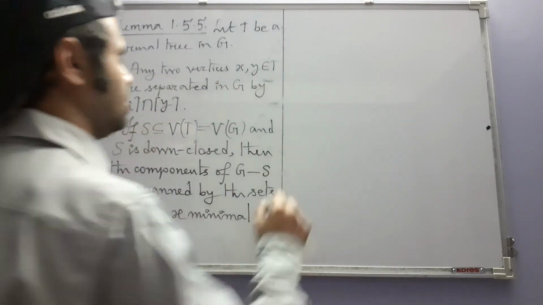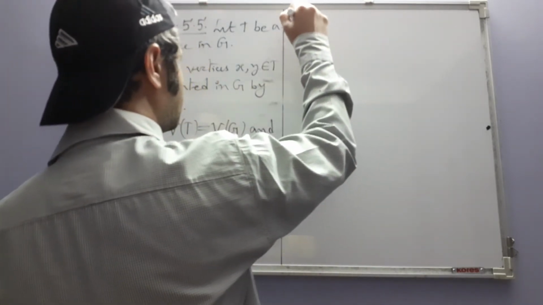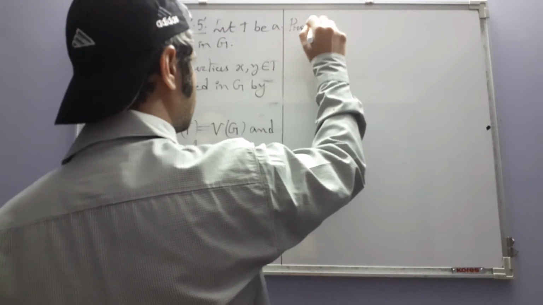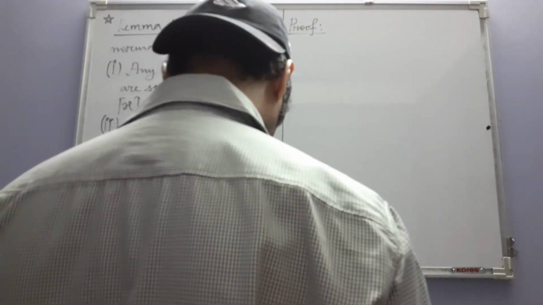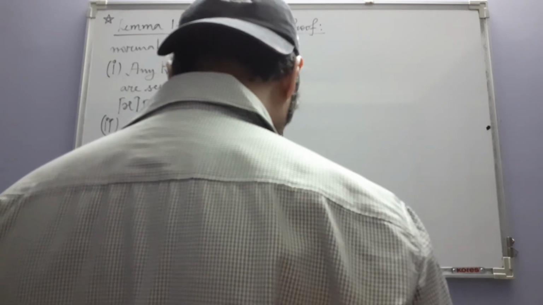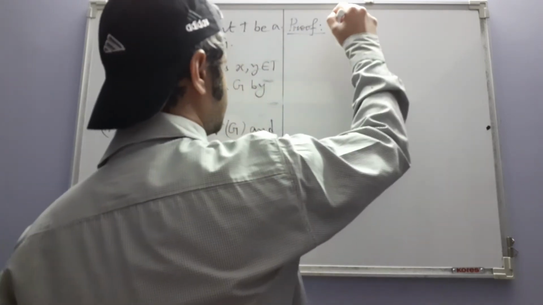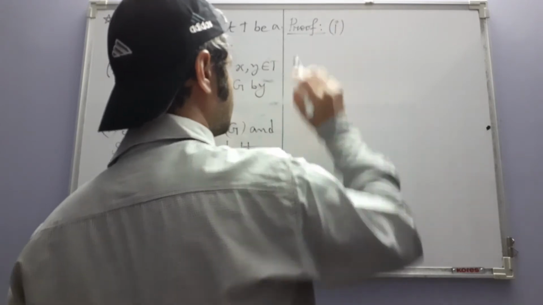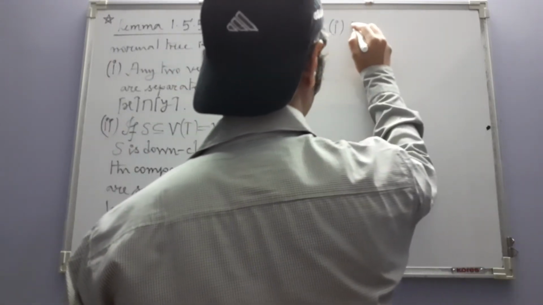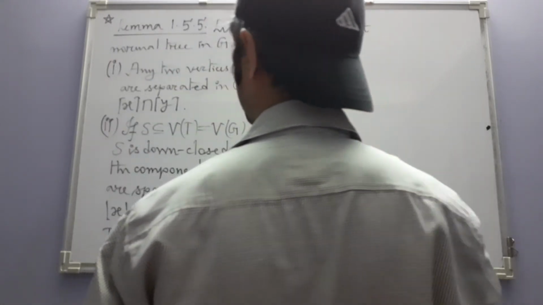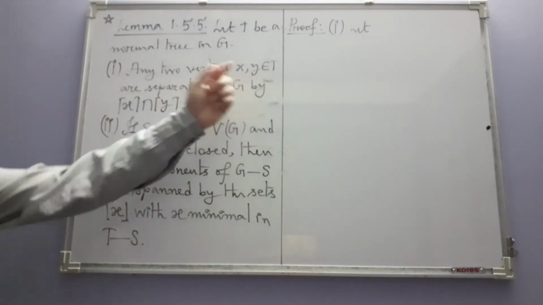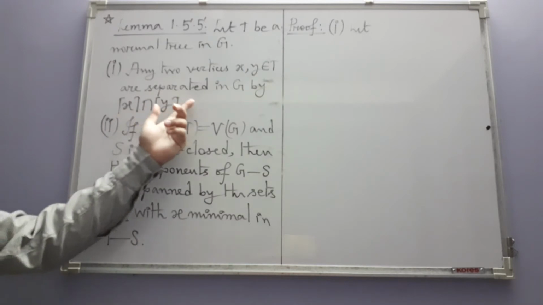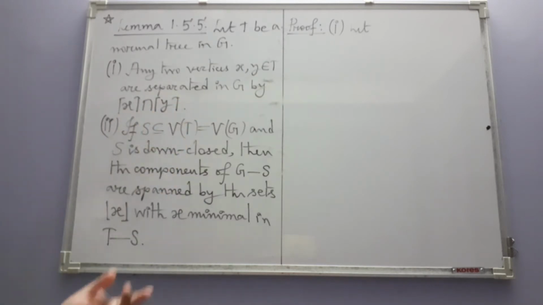So let us now see the proof. The proof goes like this. So this is 1, there are 2 vertices and they are separated in G by this set.